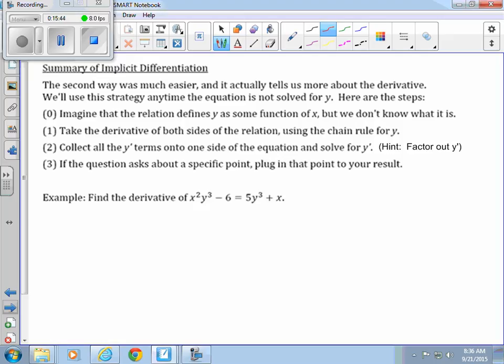So we have a product rule right there. So when I do the derivative of the whole thing, right? On that first piece, if you are finished writing, go ahead and try it.